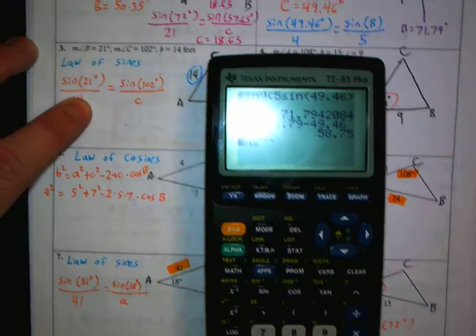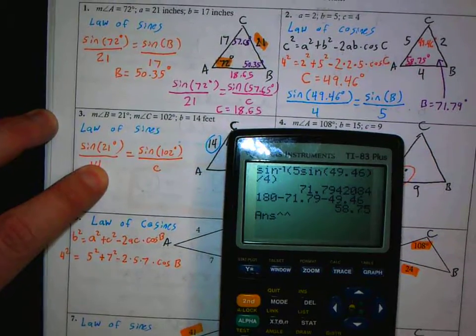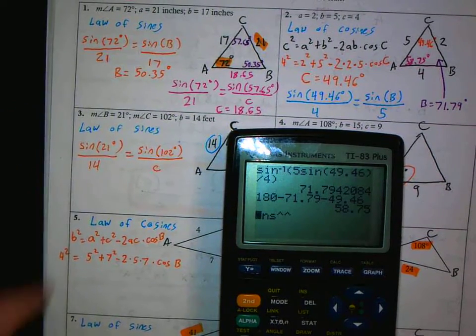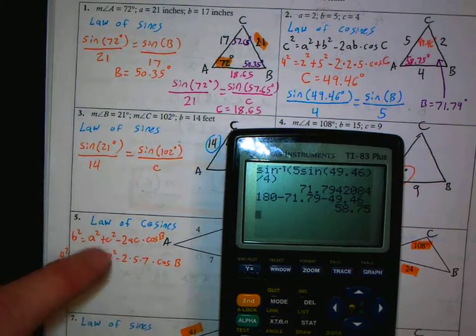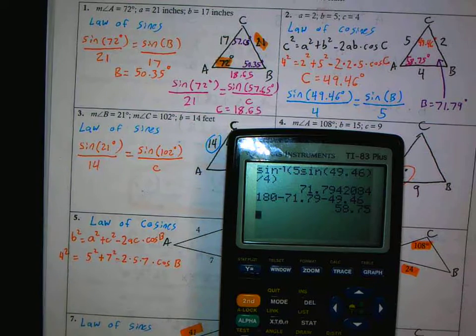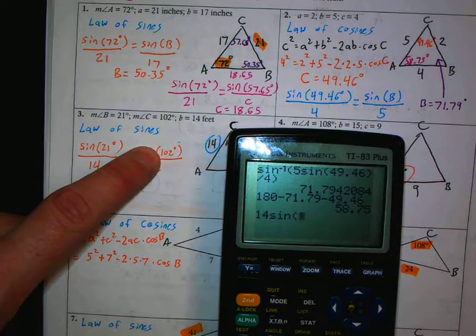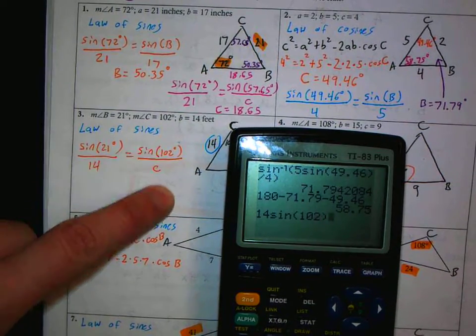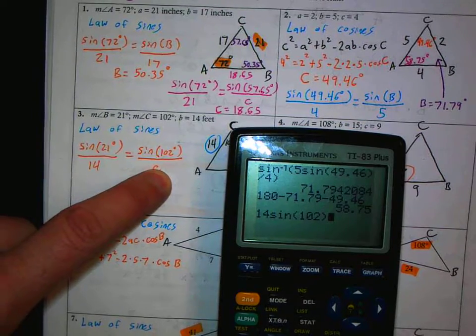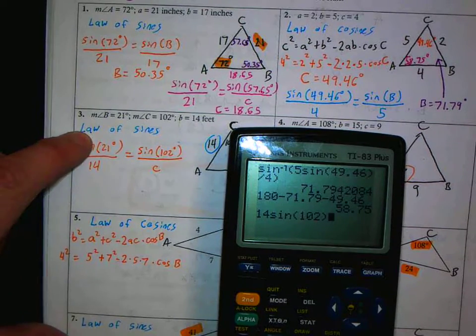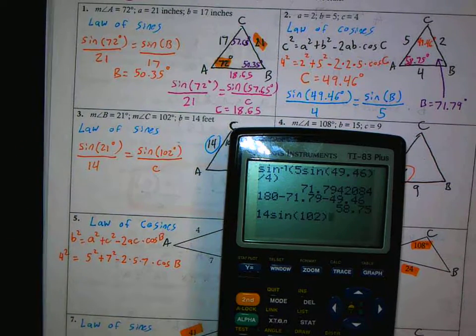What I do is I could look at that and do the cross multiplication in my head, which I don't know if I encourage that because I'm more likely to make mistakes. But if you take 4 times sine of 102, and then this is going to be C times sine of 21. So I know in my head I'm going to be dividing by sine of 21.